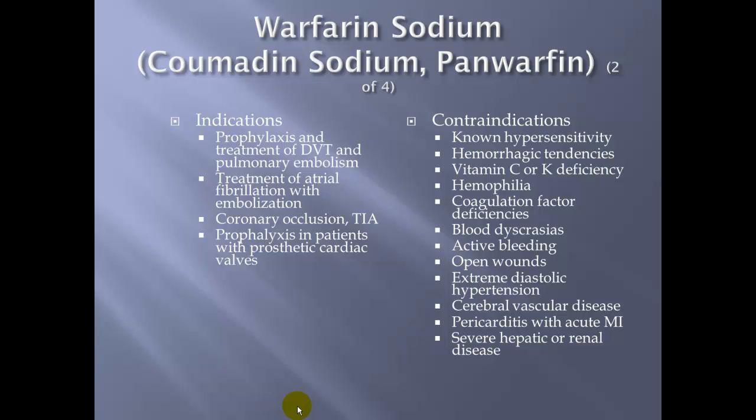Contraindications: known hypersensitivity, hemorrhagic tendencies, vitamin C or K deficiency, hemophilia, coagulation factor deficiencies, any kind of abnormal blood studies or blood dyscrasies, active bleeding, open wounds, extreme diastolic hypertension, cerebrovascular disease, pericarditis with an acute MI, severe hepatic or renal disease.